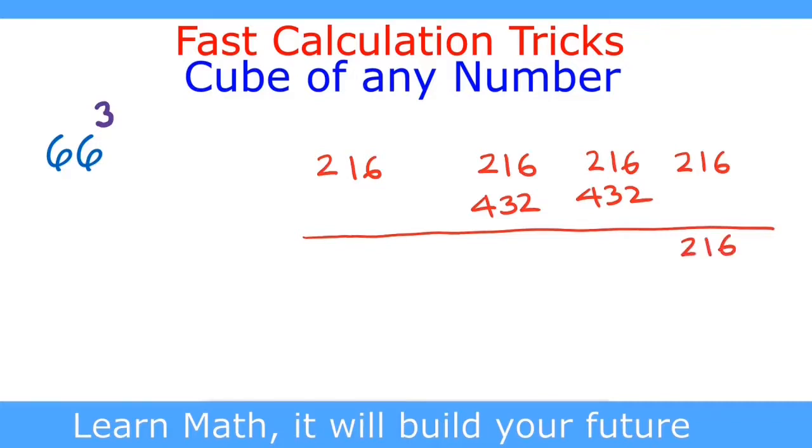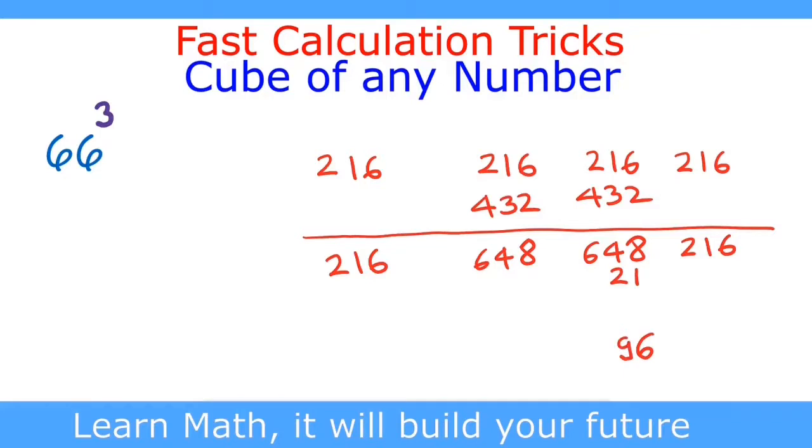We carry 216 as it is. 216 plus 432 is 648. We write 648, and we again write 648. Then we write 216. Now we start writing the answer, taking one digit from each number, and we'll carry forward the balance. So we will write 6 from 216 and carry 21. 648 plus 21 is 669.